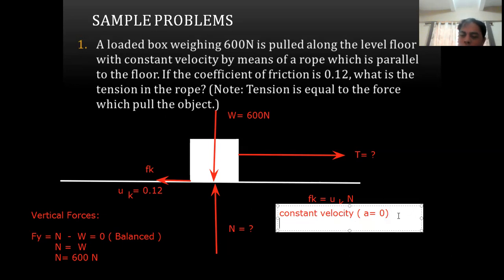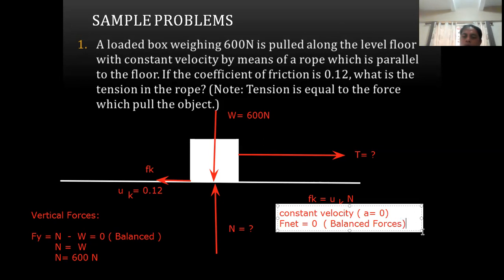Now, if acceleration is zero, then since F net is dependent upon acceleration, the net force must also be zero. And again, this is only possible when we are dealing with balanced forces.